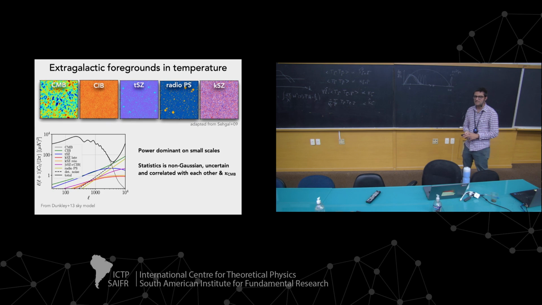In some applications, there's one foreground in particular that you really want to get rid of. And so in that case, you can do a slightly different linear combination. For example, if you really want to get rid of the thermal SZ, you know the frequency distribution exactly. And so you can make sure that you pick a linear combination of frequencies that will exactly null the TSZ.